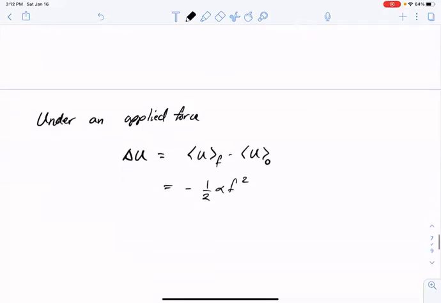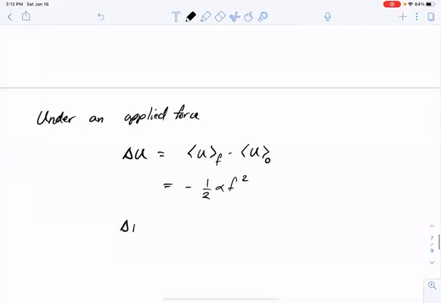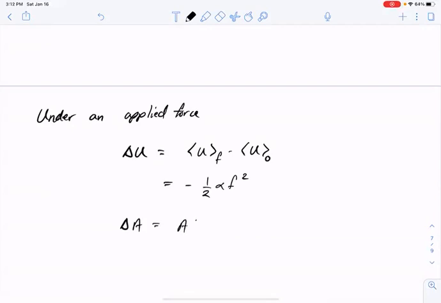And that is identical to the change in the Helmholtz free energy, given by just the ratio of the partition functions.